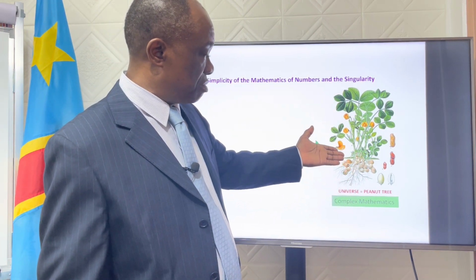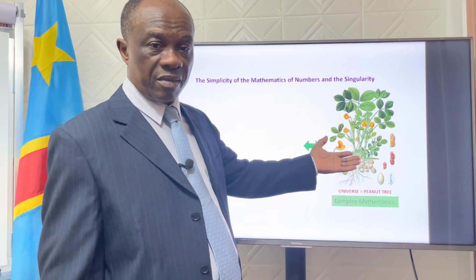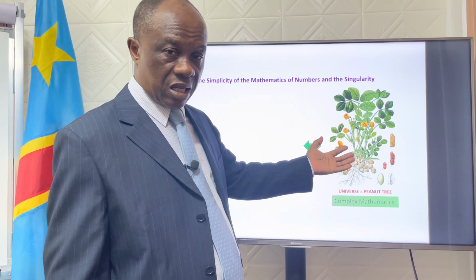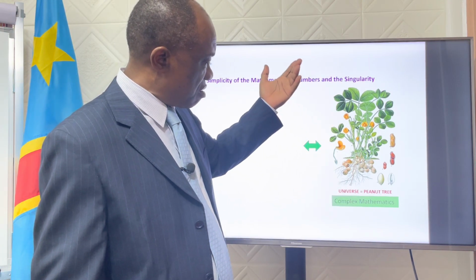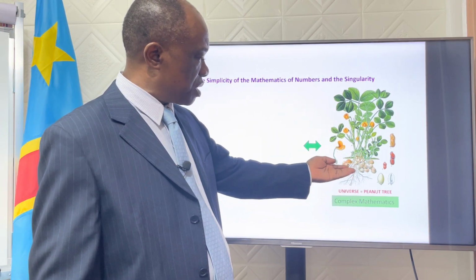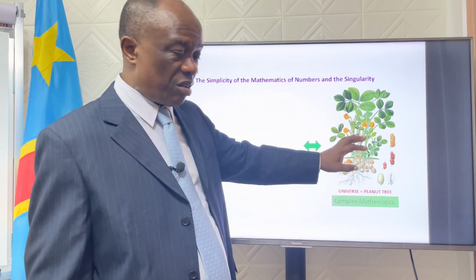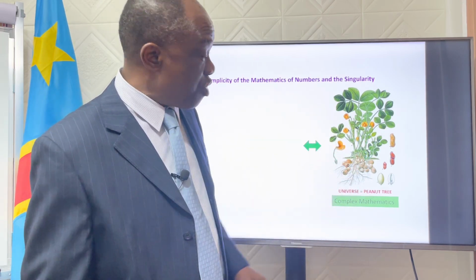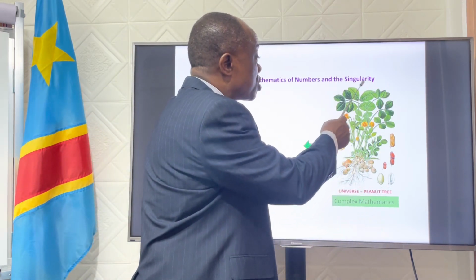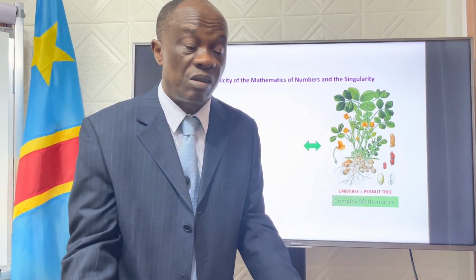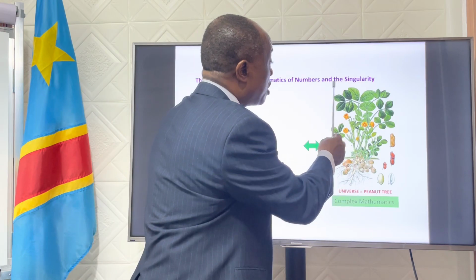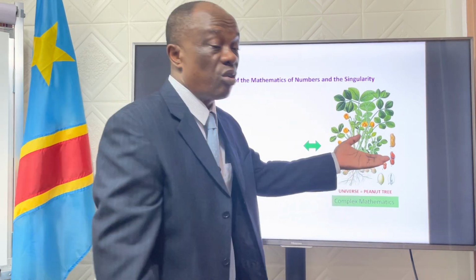So this is a peanut tree, okay? You see leaves, flowers, the crops themselves, and many things, the roots. If you are studying this, of course, you need many complicated formulas. You need to write many books to study all of this.